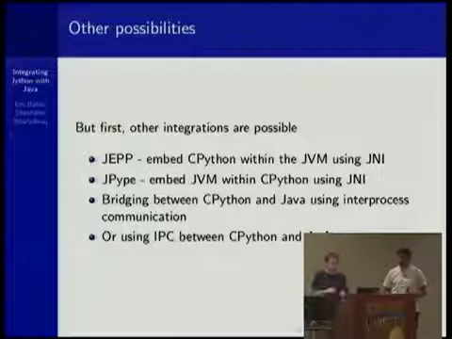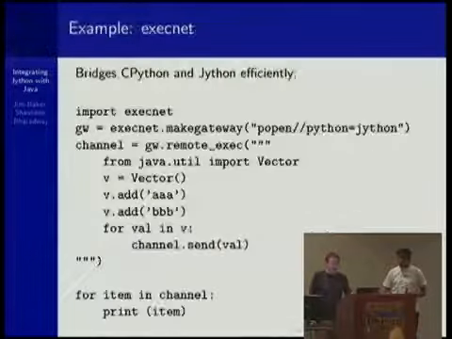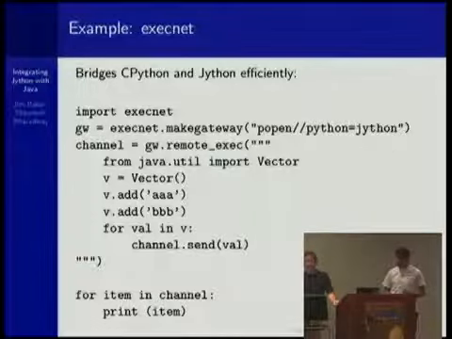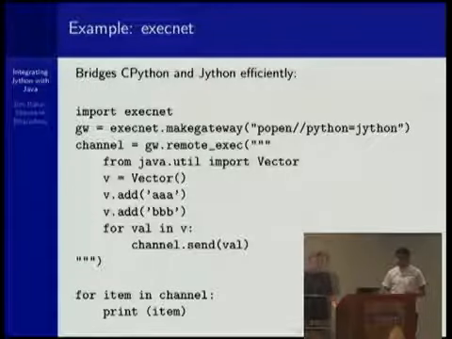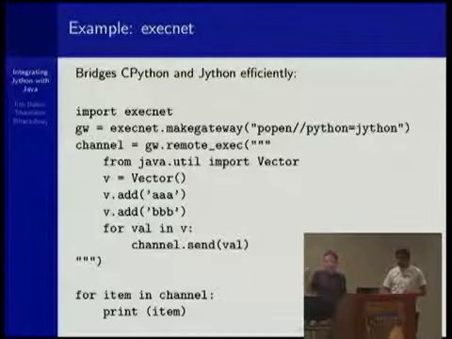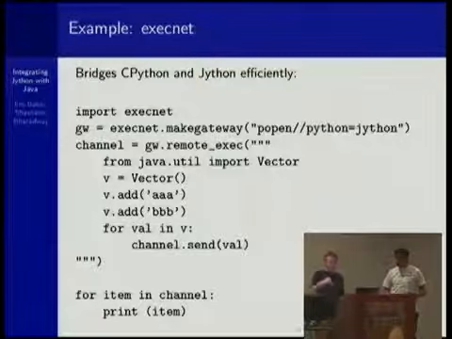Or you can even use IPC between CPython and Jython. For example, there is a pretty cool tool called ExecNet, and there are some other tools just like this. I just happen to like this one. It uses a very efficient subprocess communication mechanism between Jython and CPython.